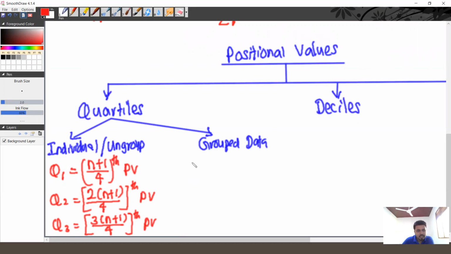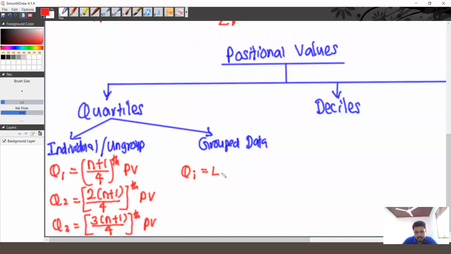If it is a group data set, I will write it as Qi here. Qi. Then I කියන එක වෙනුවට ඔයාට ඕන Q1 calculate කරන්න නම් instead of i you can use 1. If you need to calculate Q2, instead of i you can use 2. If you need to calculate Q3, instead of this i you can use 3. I make common එක clear.